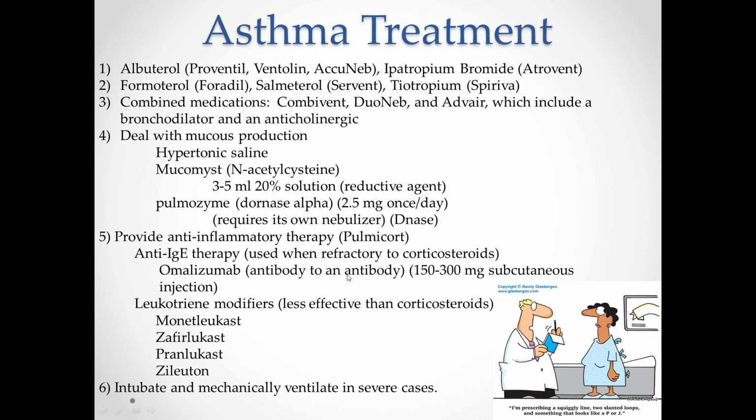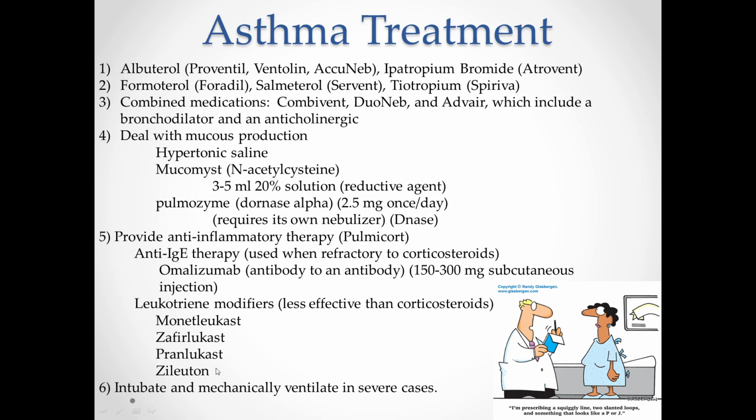It's an antibody that recognizes IgE, so it's an antibody that recognizes an antibody. There are also leukotriene modifiers that are a little bit less effective than corticosteroids, but sometimes they're still given. Again, look back at the pathogenesis slide that I showed you, and you'll see that leukotrienes are downstream of mast cell degranulation, so giving leukotriene modifiers might provide additional benefit to people that are experiencing asthma exacerbations.